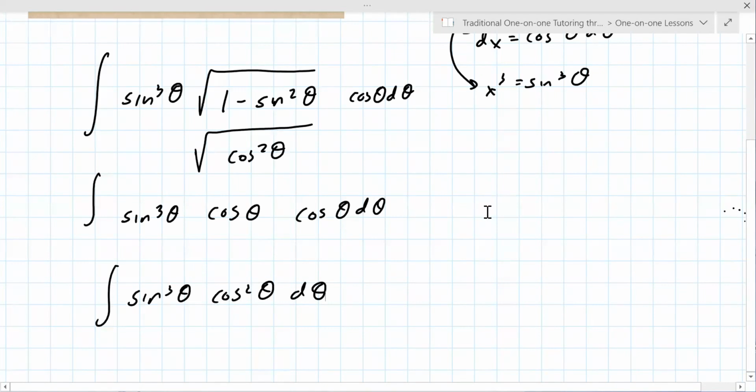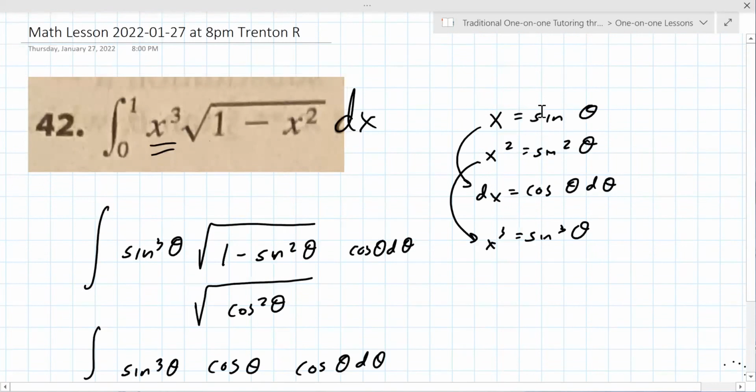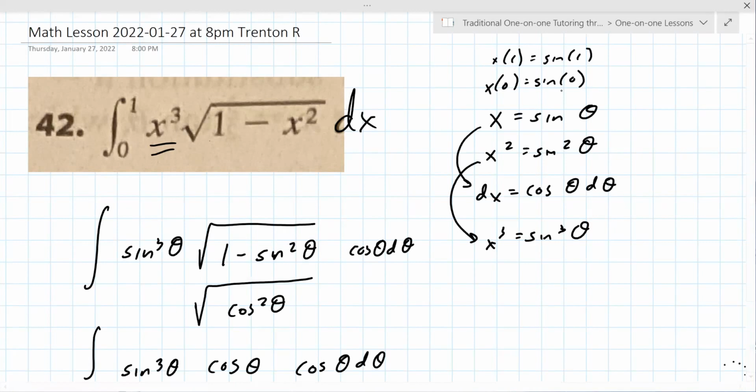And then we set new bounds. I'd wait until the end. I mean, you could, because you can actually back substitute, but if you want, you can do it right here. You have to do them in this original line though. So you have to find x of 0 is sine of 0 and x of 1 is sine of 1, which doesn't make any sense, but that's what it would be. So we might want to wait till the end for that.